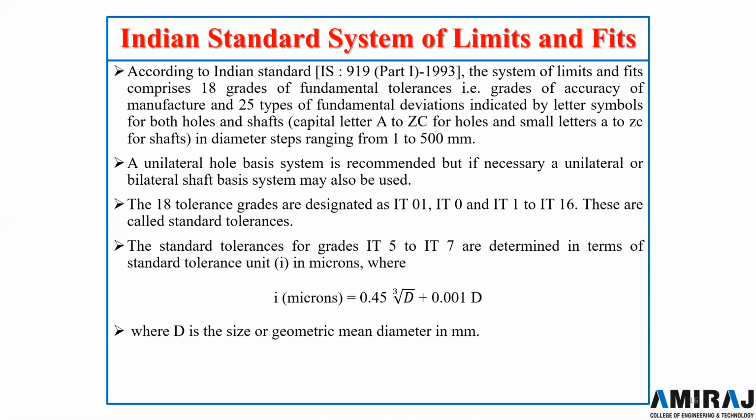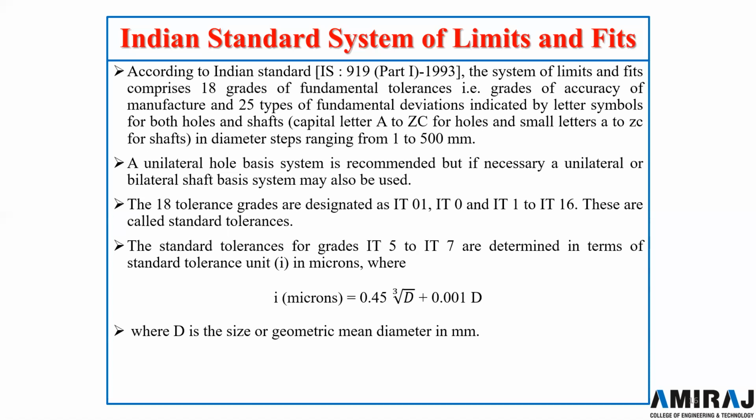Now the standard tolerance for grades IT5 to IT7 is determined in terms of the standard tolerance unit i in microns, where i in microns equals 0.45 times the cube root of D plus 0.001 D, where D is the size or geometric mean diameter in mm.